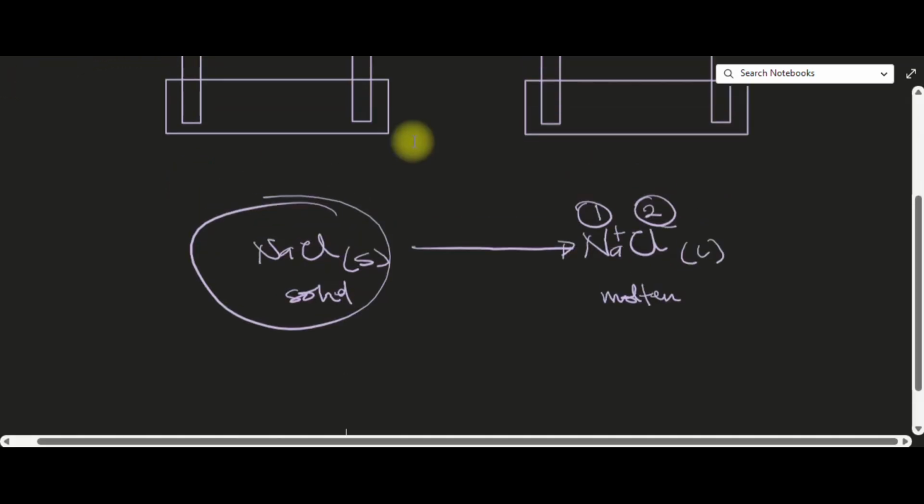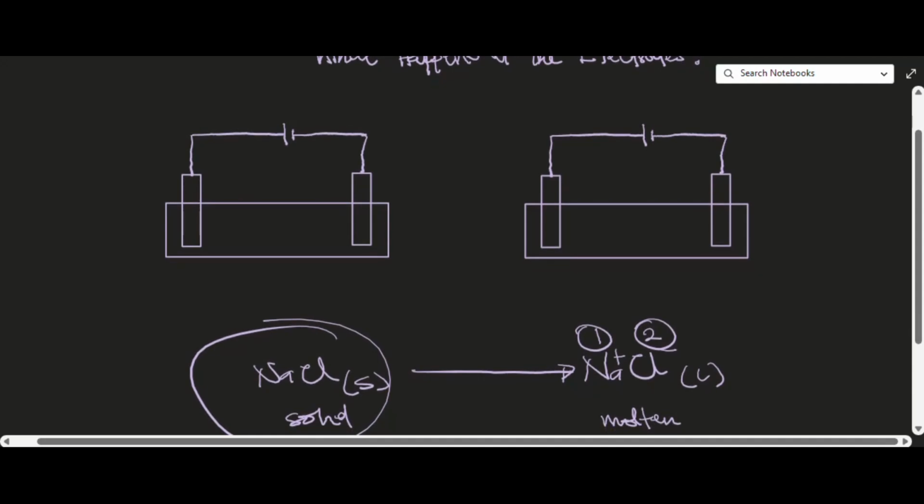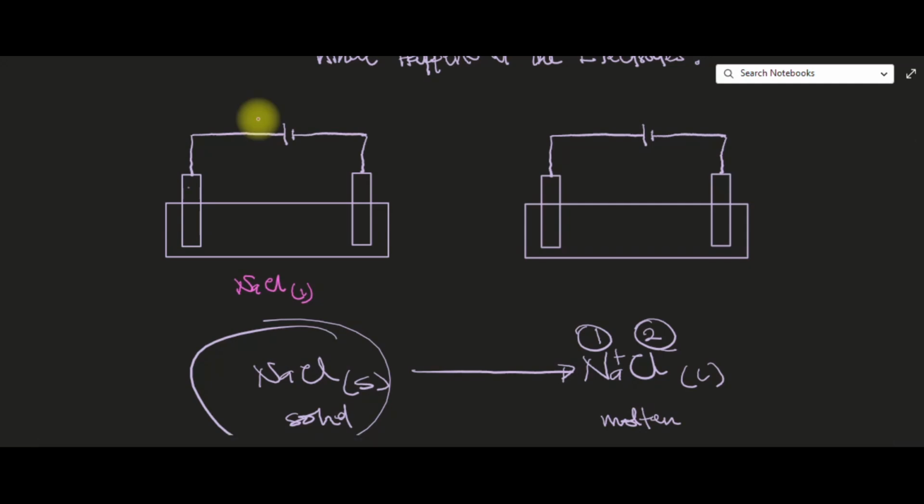So let's have a look at this diagram here as an example. Let's say this is electrolysis of molten sodium chloride, NaCl liquid. Now, this is going to be our anode, and this will be our cathode.